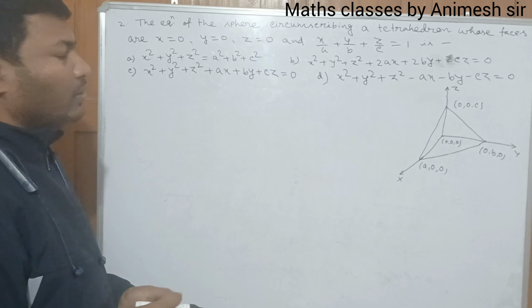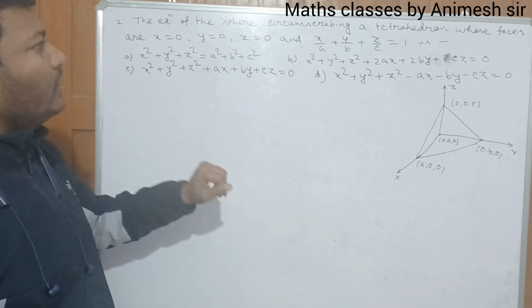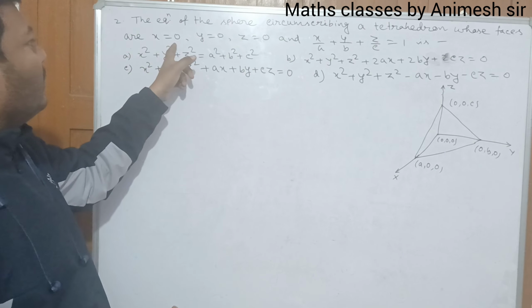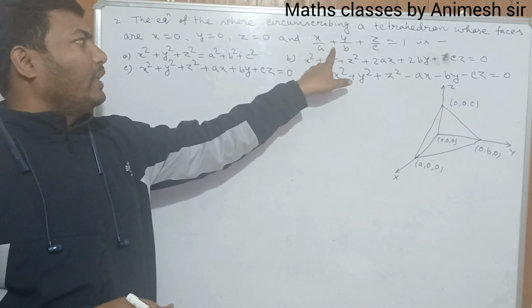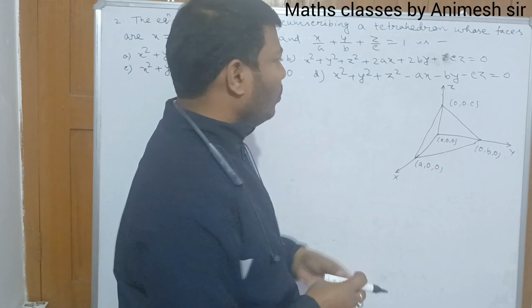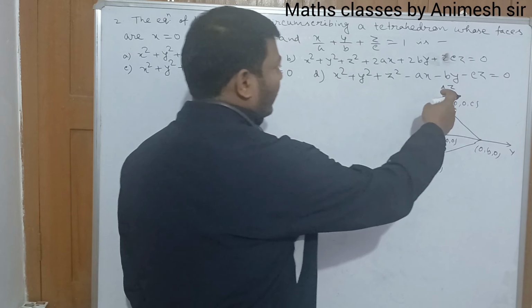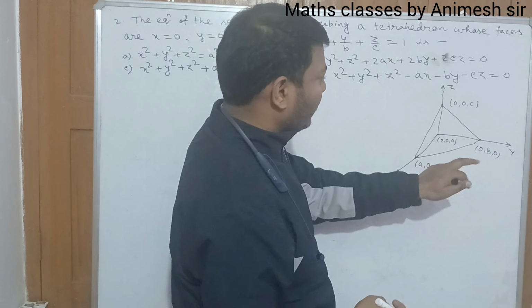Now we are with another question. The equation of the sphere circumscribing a tetrahedron whose faces are x equals 0, y equals 0, z equals 0 and a plane x by a plus y by b plus z by c equals 1. So if we draw the figure, the x, y, z axes and a plane.